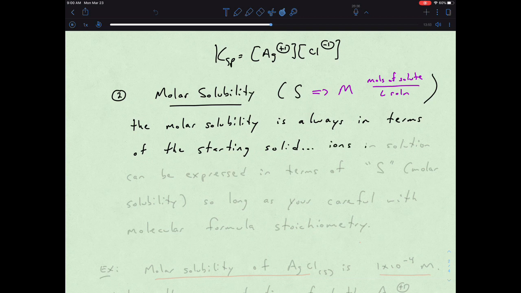The ions in solution can be expressed in terms of this idea of S, or molar solubility, so long as you're careful with molecular formula stoichiometry.